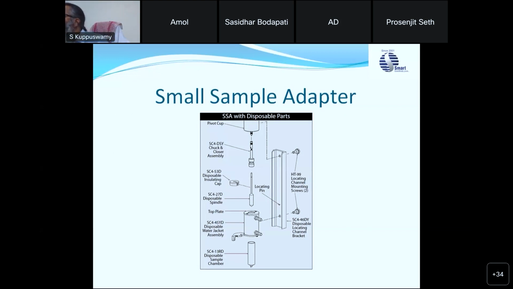To that jacket, a recirculatory water bath is attached, and there is a spindle. Then you have the closer assembly, then chuck and closer assembly. Then you have a locating channel for attaching. All these are assembled together and attached to the viscometer.